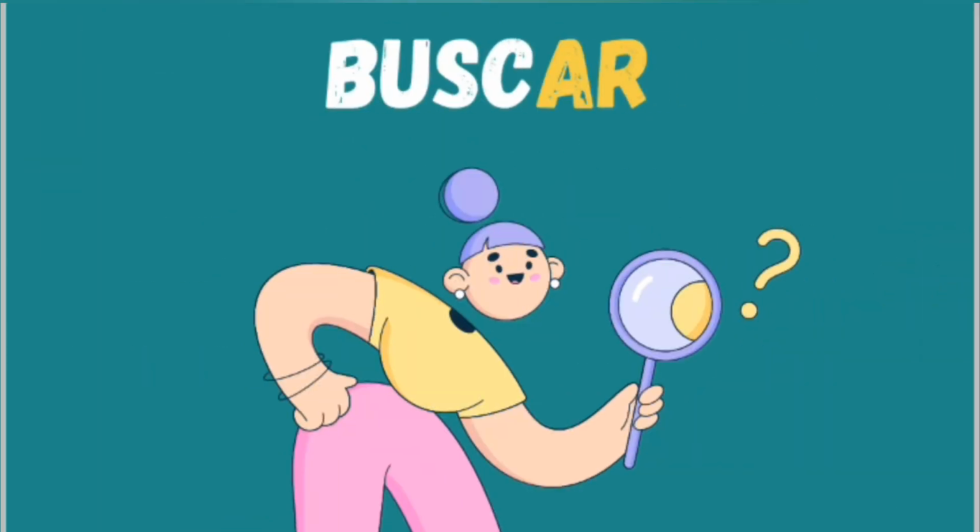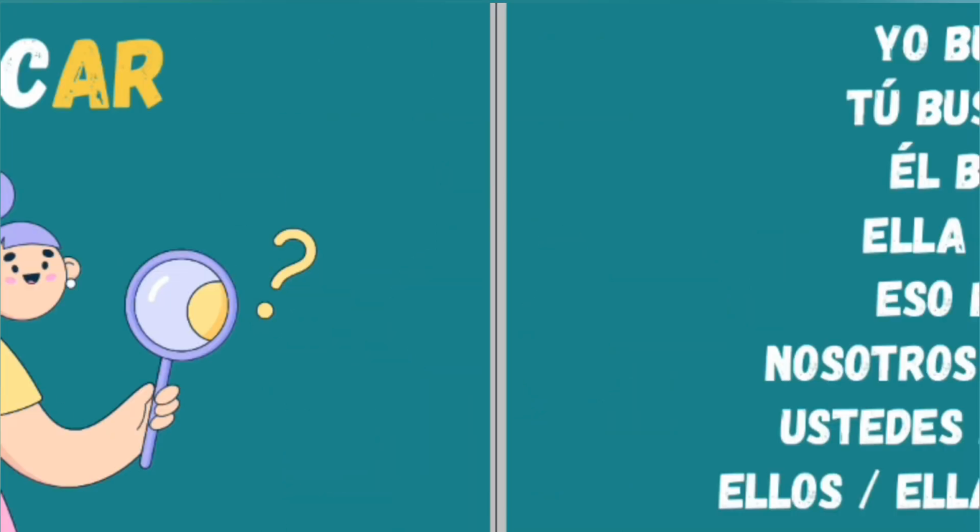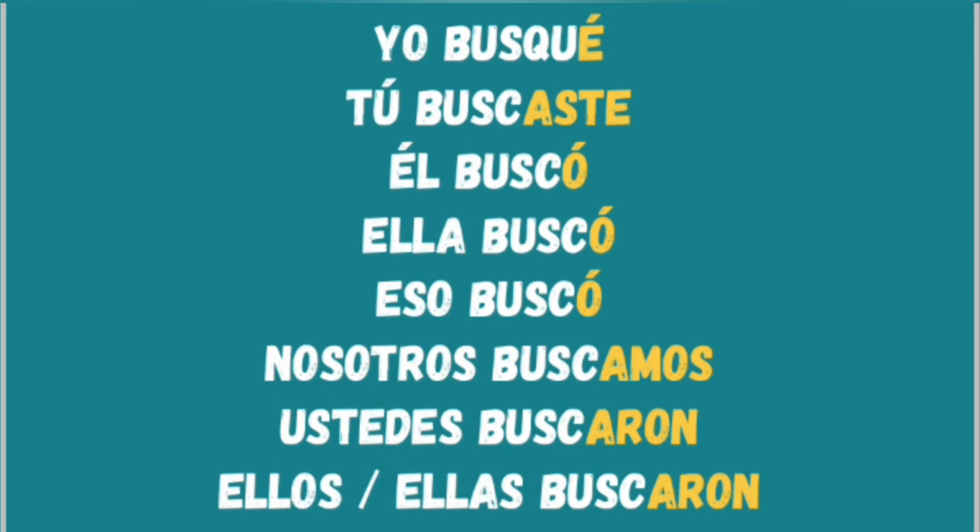Now we have this verb to search, okay, which means in Spanish, buscar, okay? And let's see how we have to conjugate this verb in the indefinite past and check why it is an irregular verb, okay? The root word is not the same in each personal pronoun, okay?